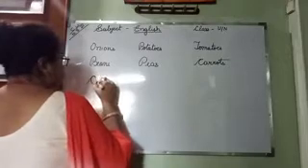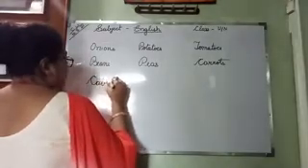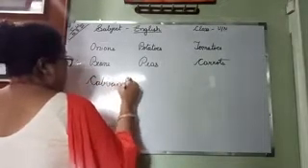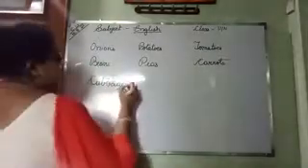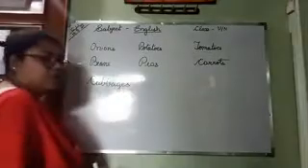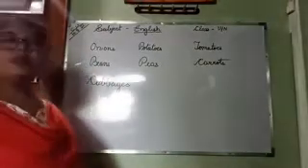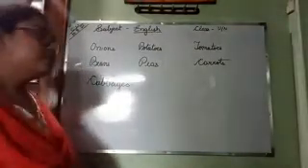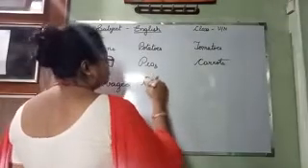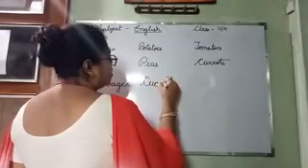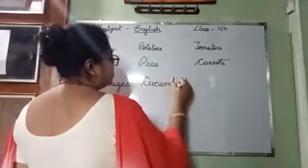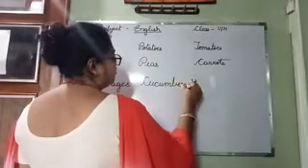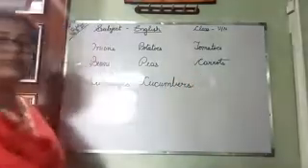Understand? Next is cabbages. First you write the cabbage spelling: C-A-B-B-A-G-E. This is cabbage. And if more than one, what will you say? Cabbages. Then cucumber: C-U-C-U-M-B-E-R. And if more than one, cucumbers.